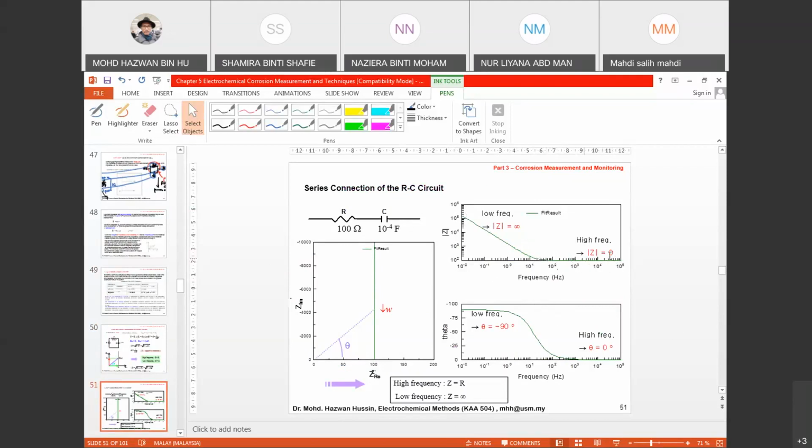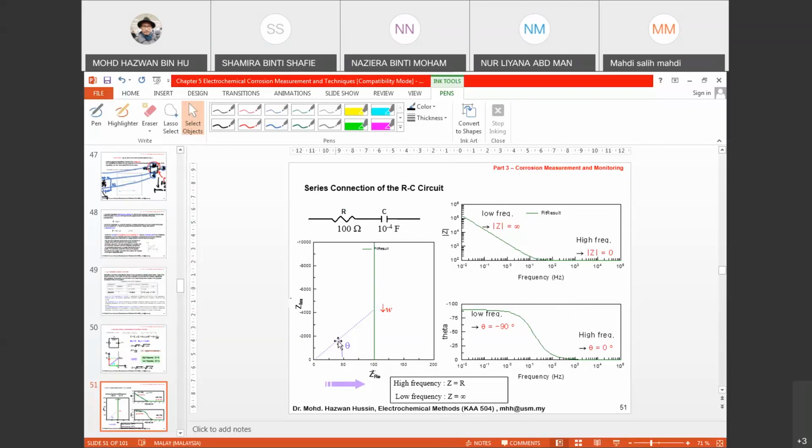The other one is not showing anything, it's just one slope. One slope tells you that you have one capacitor, and one flat line tells you that you have one resistor. For the phase angle plot, you have almost a half peak, which tells you maybe you have one capacitor.